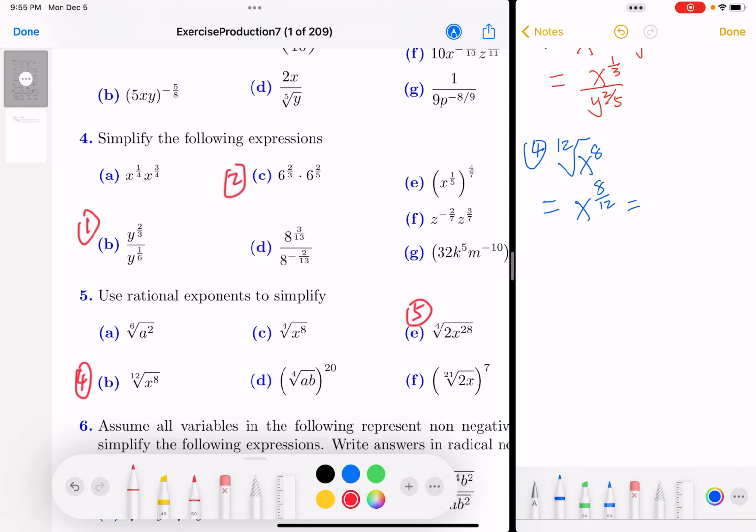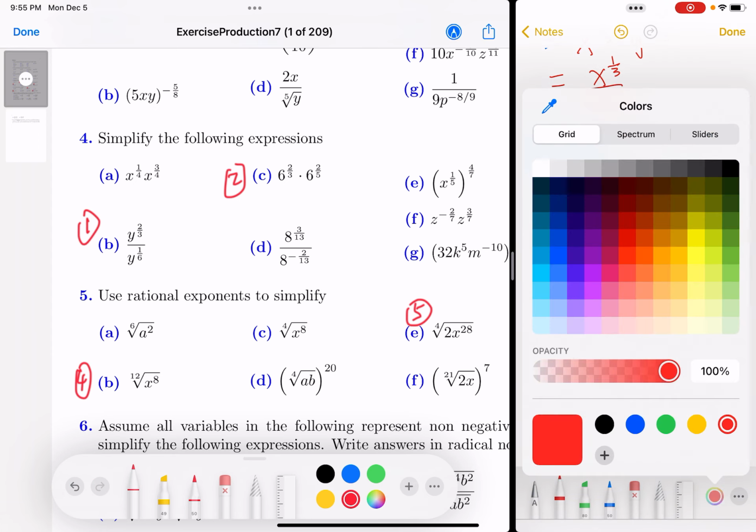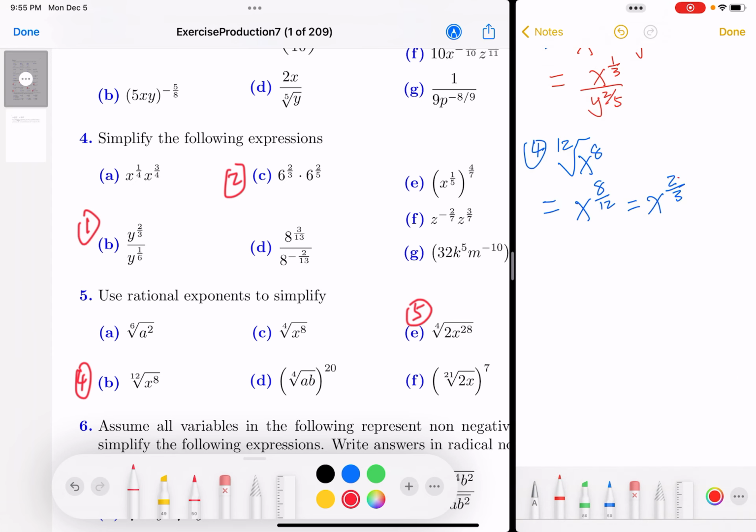And then you have a factor 4 cancelled. So you then reduce the exponent to 2/3. Because again, 2 times 4 is 8, 3 times 4 is 12. That's the reason. So down here, you actually get the final answer.